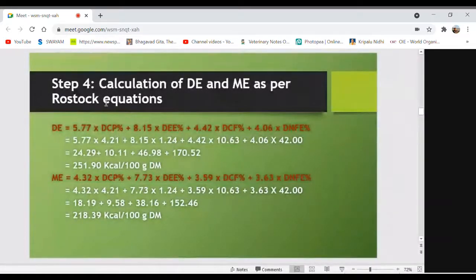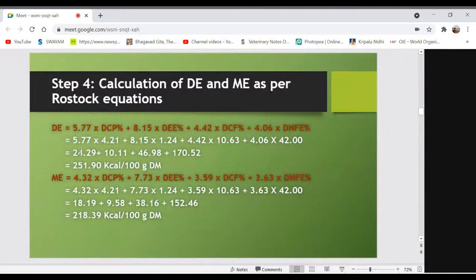Therefore, it is not applicable in non-ruminant animals. Even in ruminant animals, it will provide some approximate figure of digestible energy and metabolizable energy, but you cannot say it is absolute or 100% correct. Anyway, you have to remember this factor.